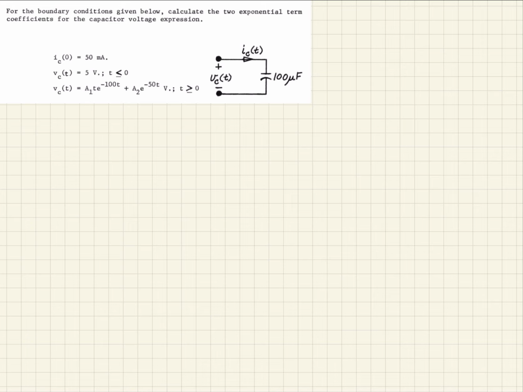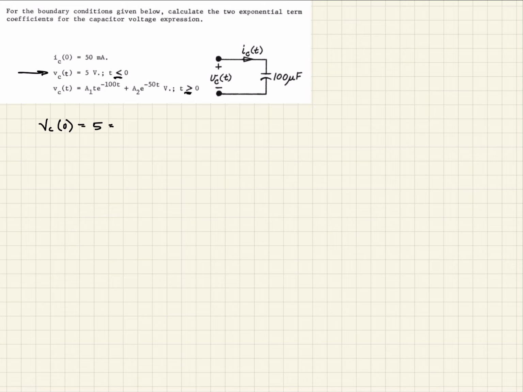So the first thing we notice is that we have VC at 0, and we were given that. That's this equation here, equal to 5. But also at 0, you see it has the line under equal, so these two must be equal.